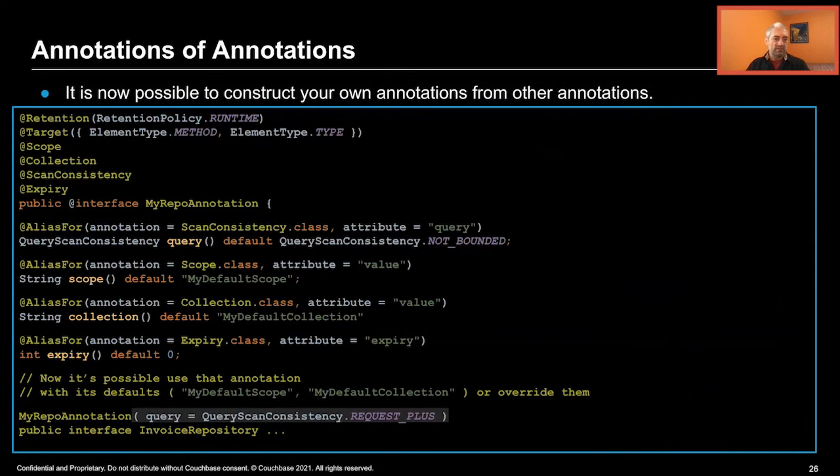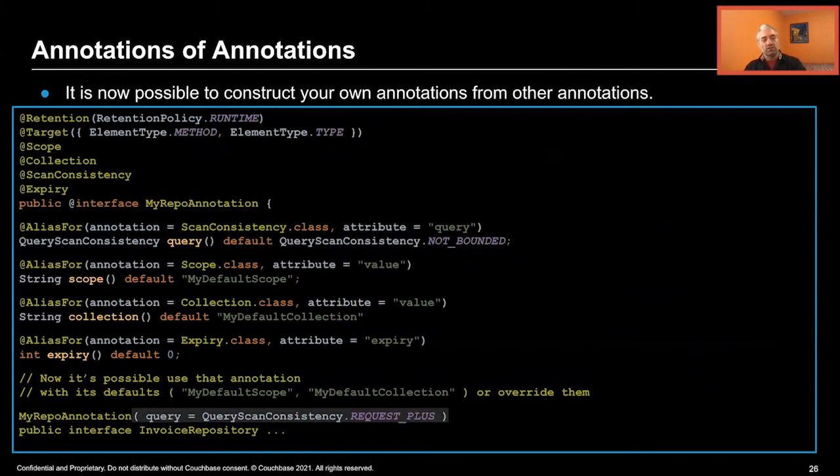You can put, like, scopes, collection, expiry on them, and you can also put default values that are different than the defaults from the annotations. So you can build up your own like this, and you can use them in multiple places.